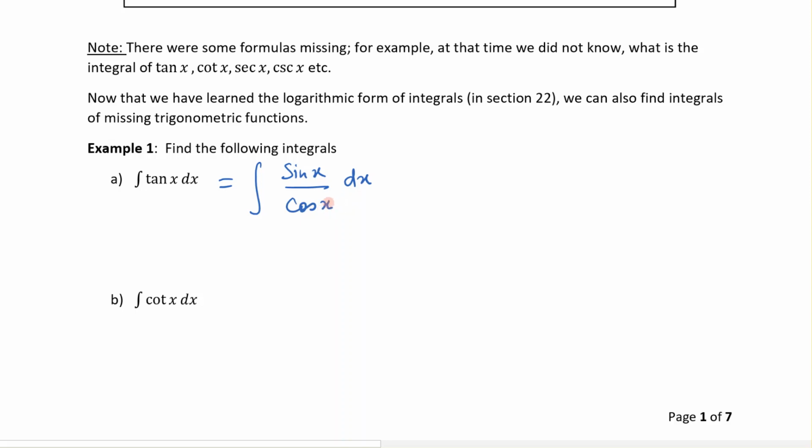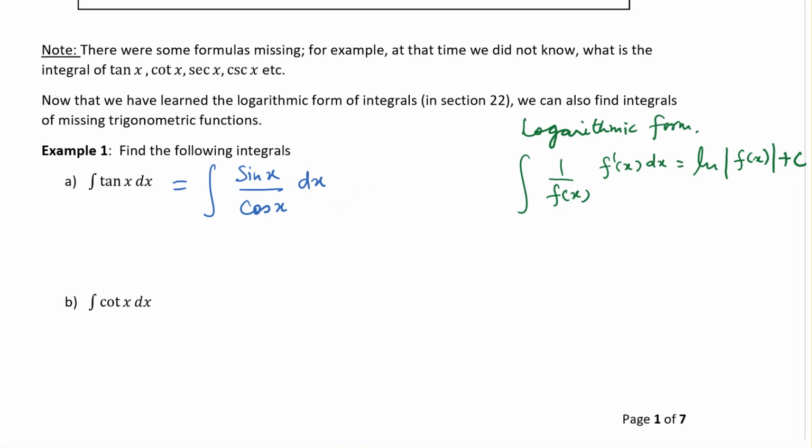Let me remind you what a basic logarithmic form is. If you have 1 over f(x), so f(x) is in the denominator, and you have the differential of f(x), then the integral of this overall form would be ln of the absolute value of f(x) plus c.